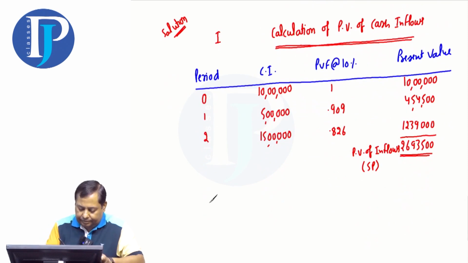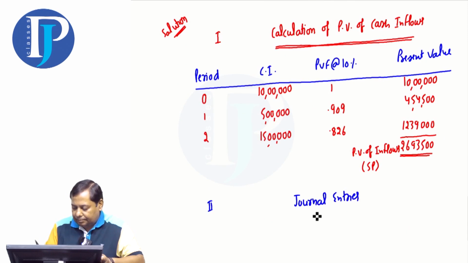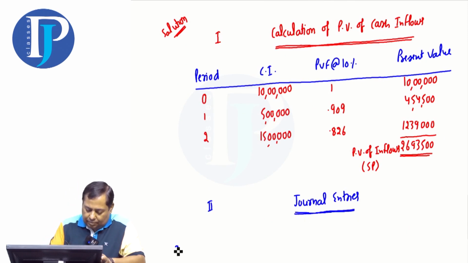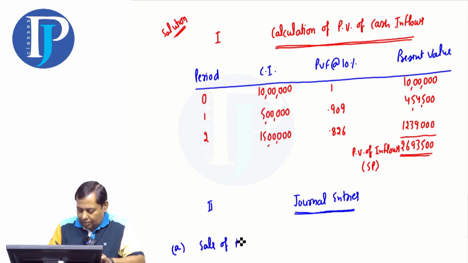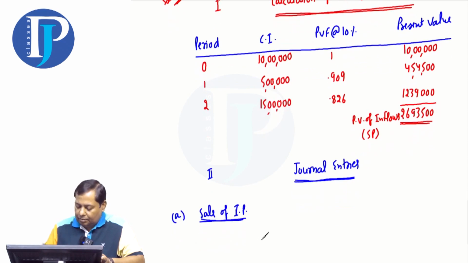In the second step, journal entries. Sale of IP. Bank account debit. Now tell me, how much money will you get as down payment?